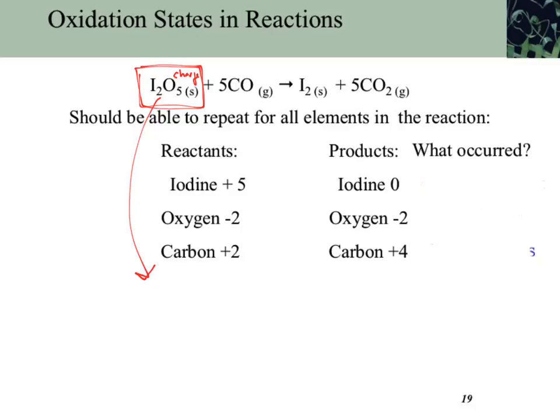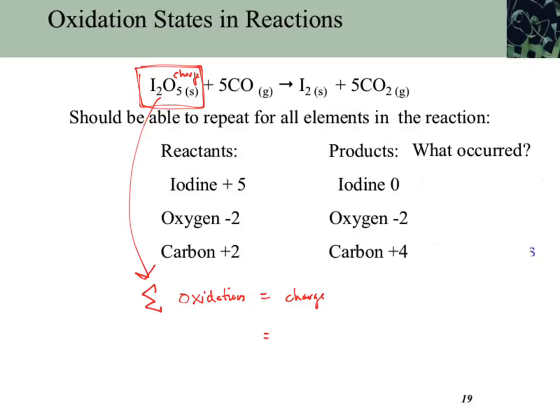But each of those elements contributes an oxidation state, which is its balance of protons and electrons. So when we're looking at our charge, it's the sum. Sum of the oxidation states will equal the charge.